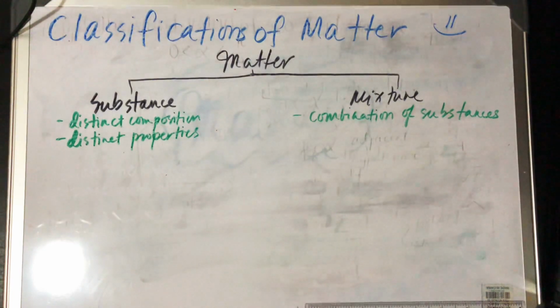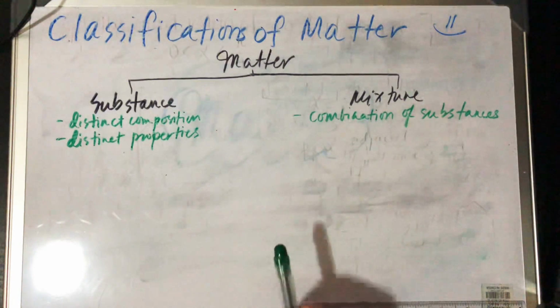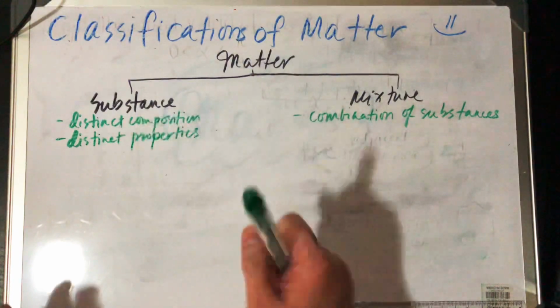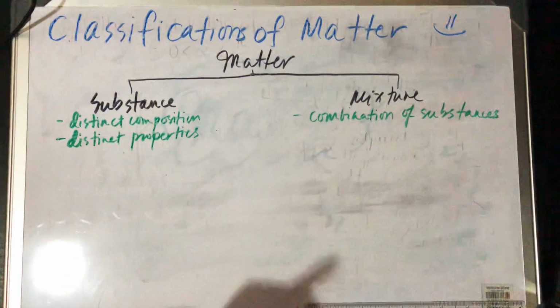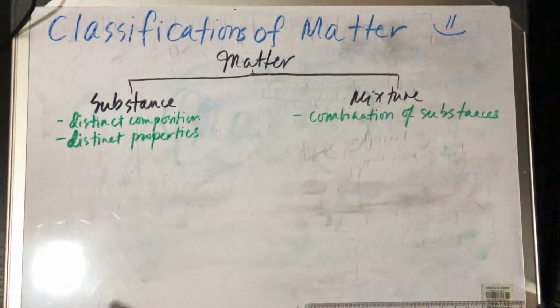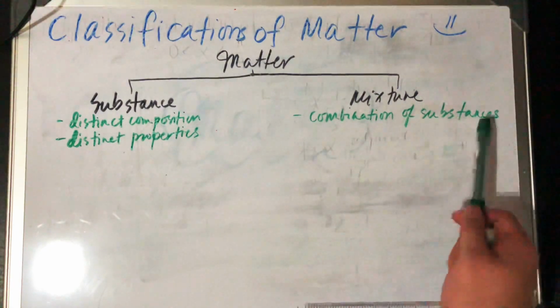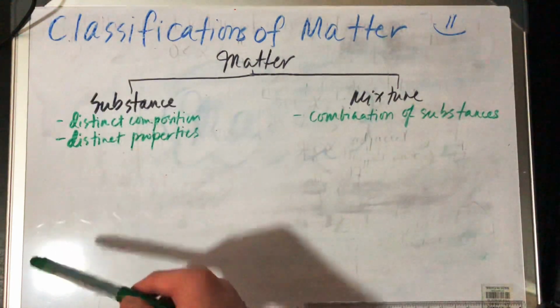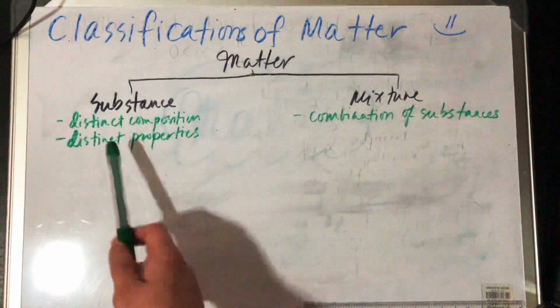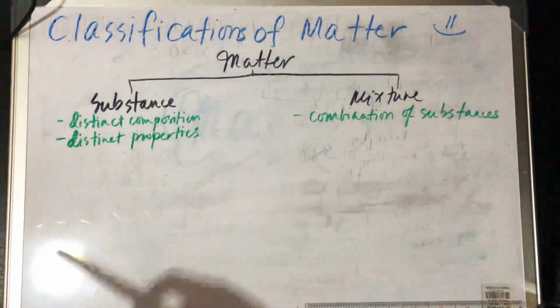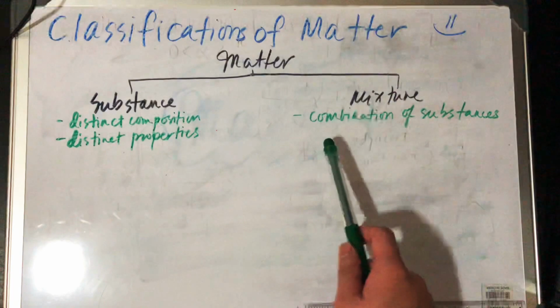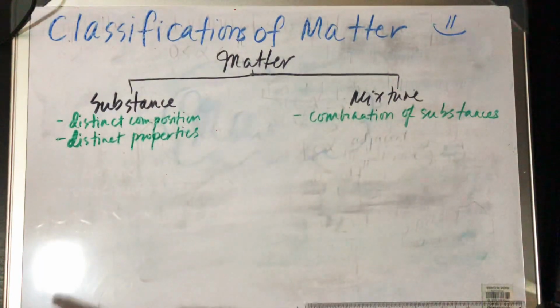Before we go to other classifications, let's recap substance and mixture. Substances are a form of matter that has a distinct composition and distinct properties, while a mixture is the combination of these substances.